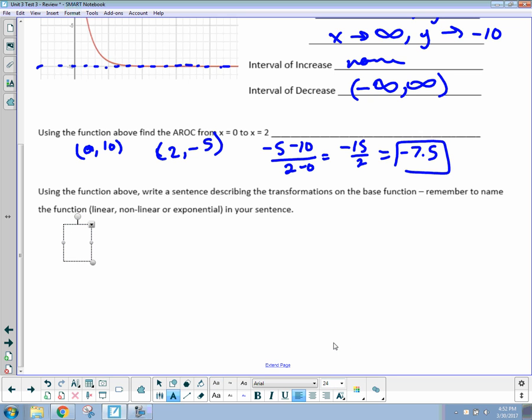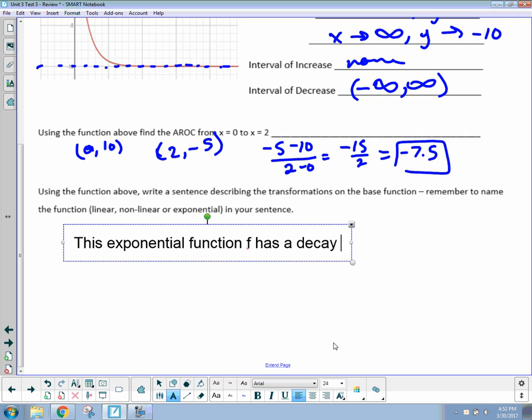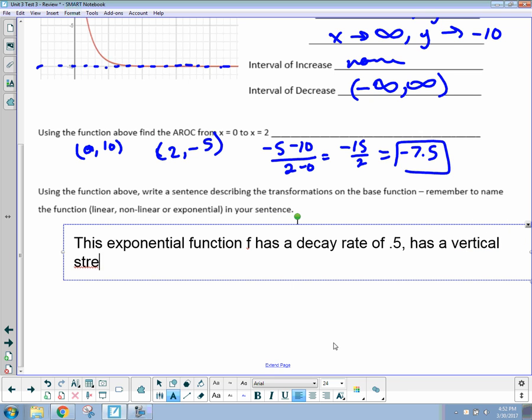So again, a nice sentence would be, this exponential function f has a decay rate of 0.5, has a vertical stretch of 20, and a vertical shift down 10 units. And that would be a complete sentence.